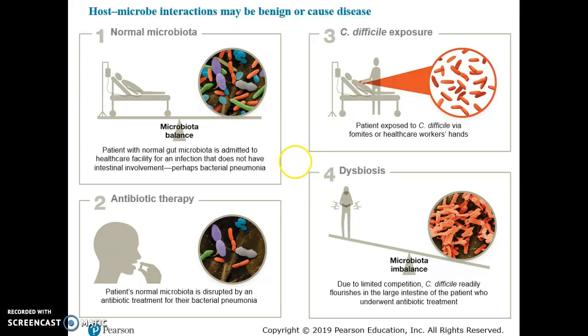And so what happens? Well, the person goes on antibiotic therapy. That antibiotic therapy is supposed to get rid of the bacteria in the person's lungs, which it can do relatively easily. However, now look at the picture of the GI tract. A lot of the bacteria from the healthy environment has now been taken out. Why?